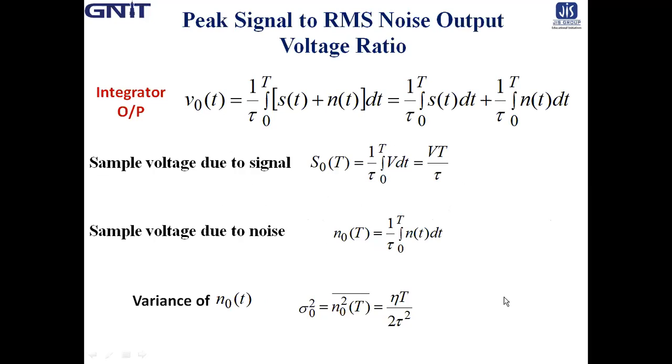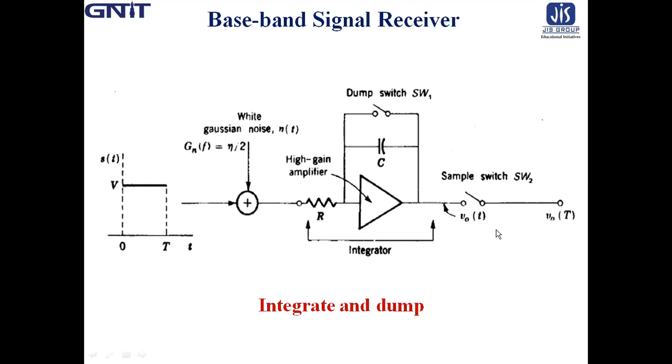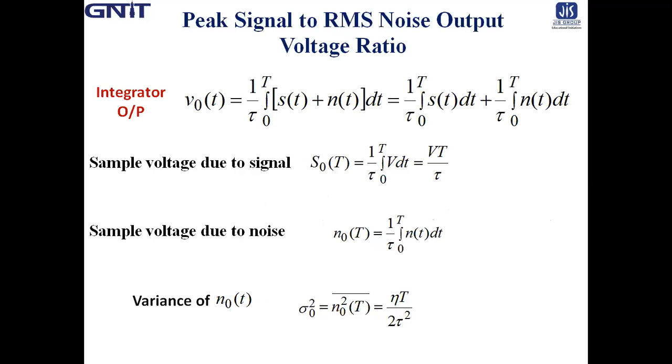So the integrator output, which is the integral of its input multiplied by 1 by RC, which is said tau equal to 1 by RC, so V0(t) is 1 by tau.